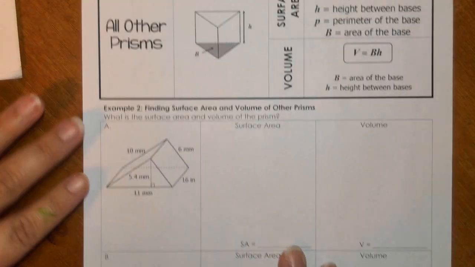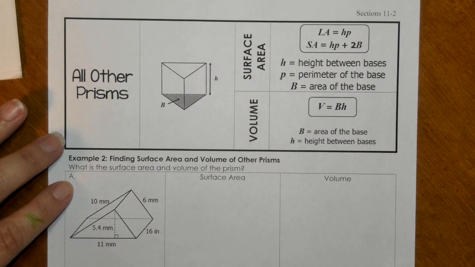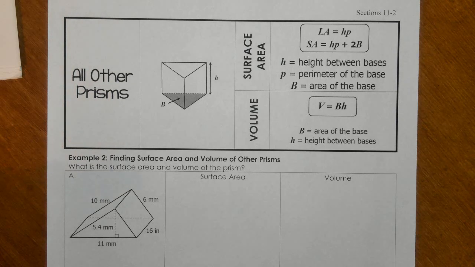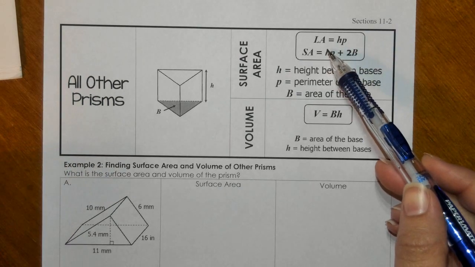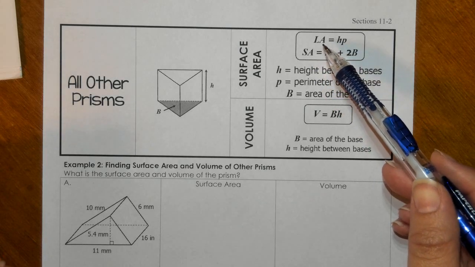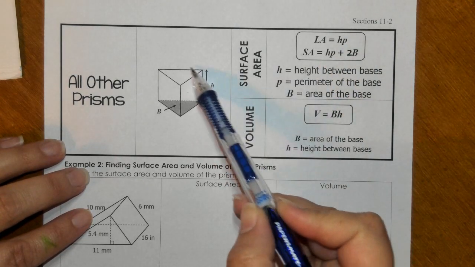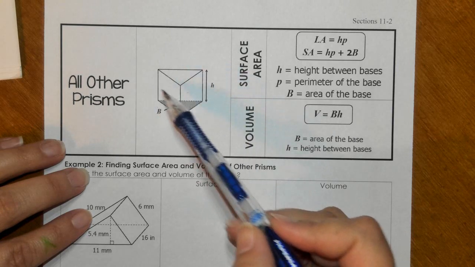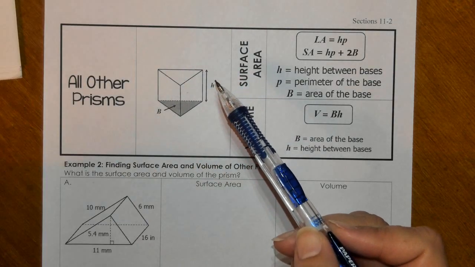Okay, moving on to triangular prisms. For these, we have that lateral area again and the surface area. So the lateral area would be the 3 rectangles that are between the 2 triangles, okay?